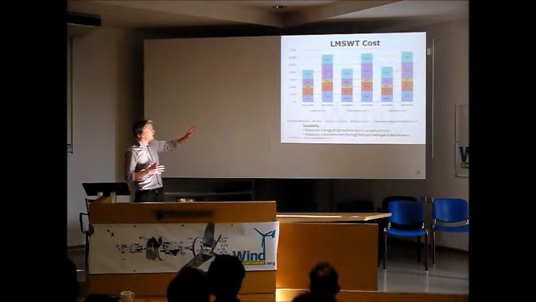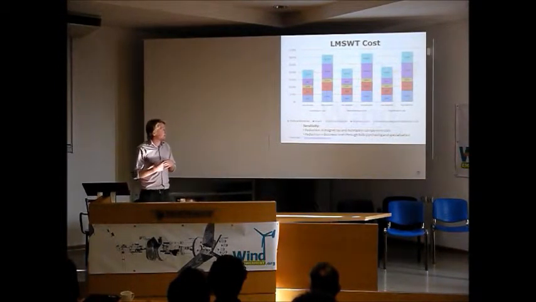The reason there are six columns is that I've modelled three different distances to site, from where the turbine is being built to where it's being installed, because there's going to be an increase in transport costs. There are also low and high sensitivities, and a sensitivity value is where you're not too sure, so you have to guess.